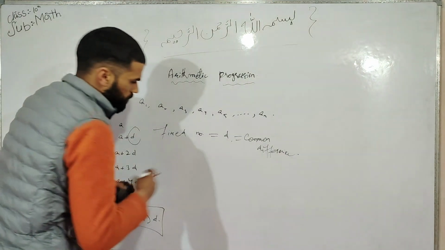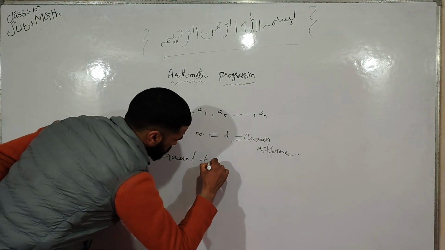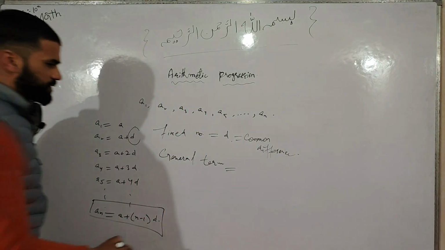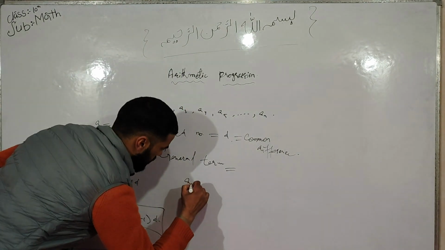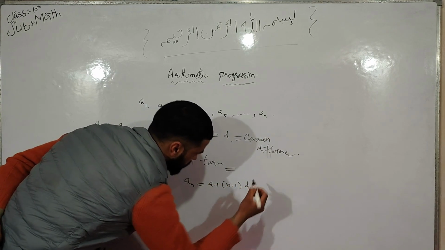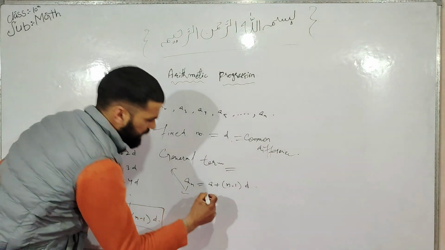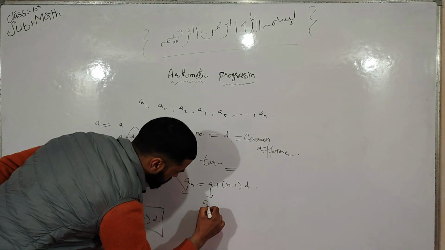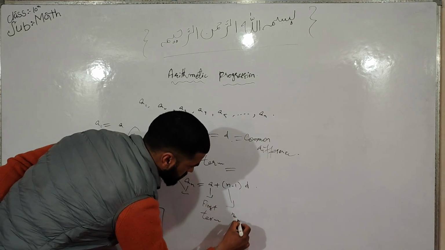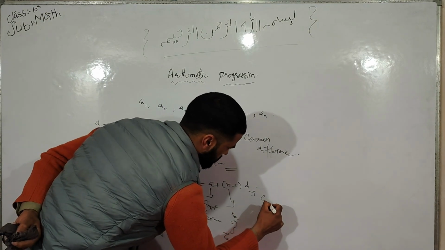So the general term of an arithmetic progression is a_n equals a plus n minus 1 into d, where a_n is the general term, a is the first term, n is the number of terms, and d is your common difference.